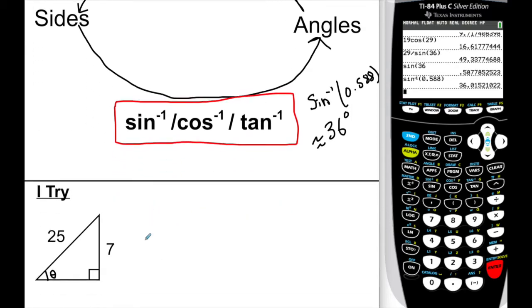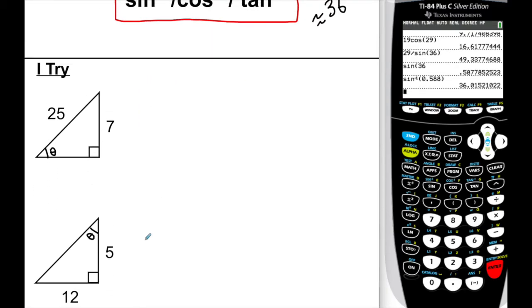All right, so I'm going to start with the I try problems here, and I'll show you what we're going to do. Here I have an angle, an opposite side, and the hypotenuse. So what I know is that the sine of the angle theta is equal to the opposite over the hypotenuse.